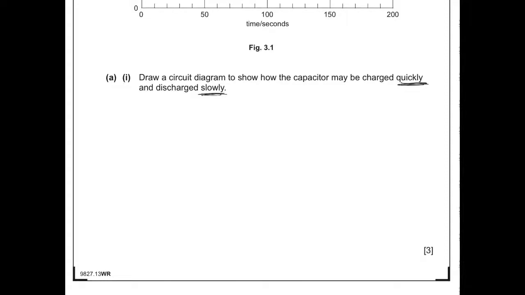So you're going to want to have some kind of power supply connected to a switch point. That will go around and connect to your capacitor through a switch. So if we throw the switch over here, we can get the capacitor to charge.